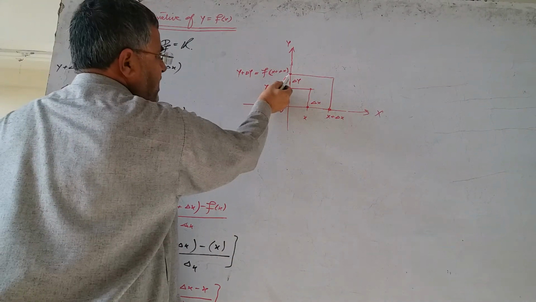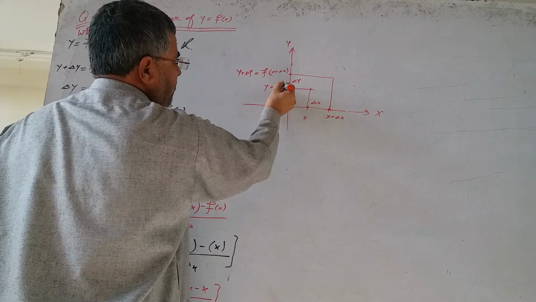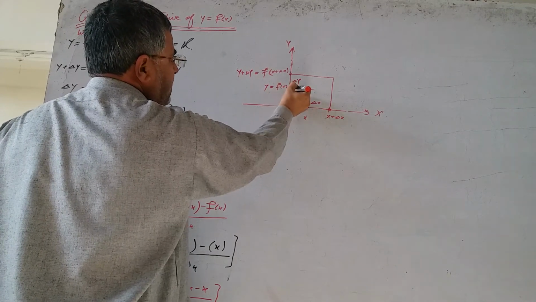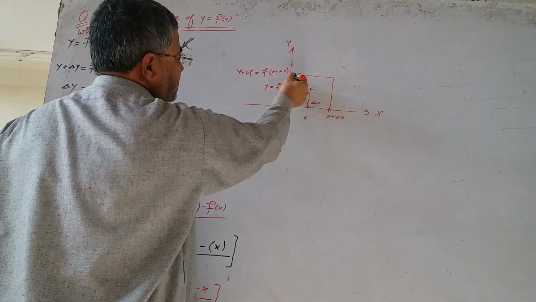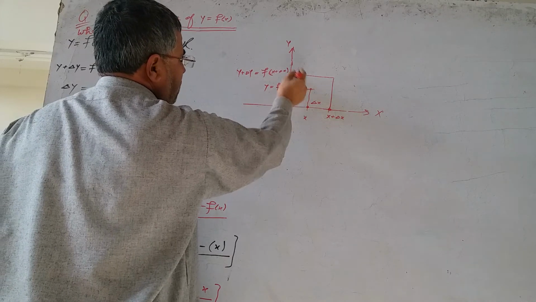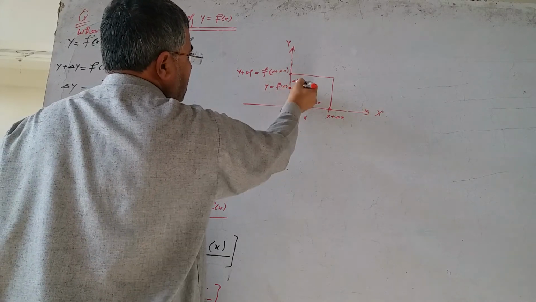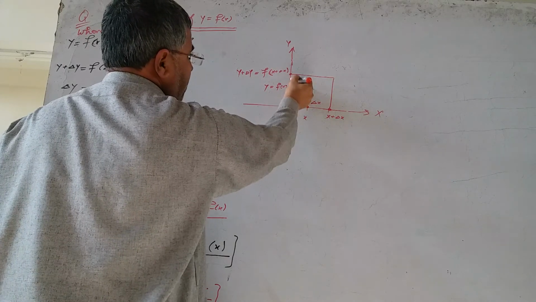This point is measured from the point f of x. The point f of x is denoted by y. So this point is measured from this point, and this point is equal to y plus del y. So this point is updated when we add the change in the dependent variable.